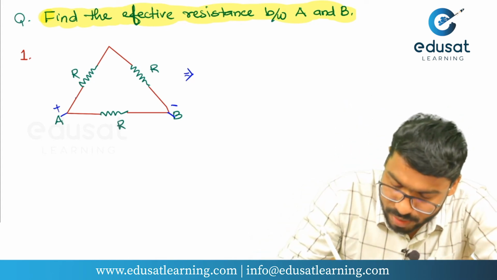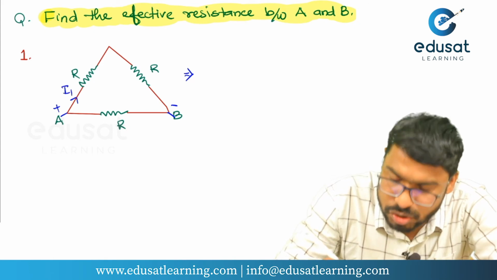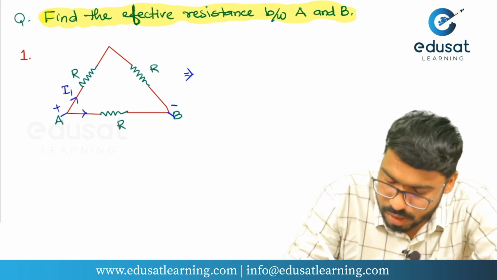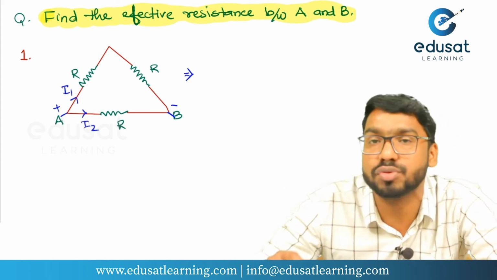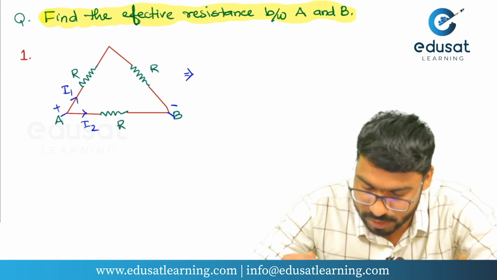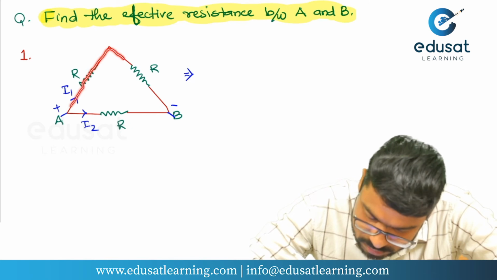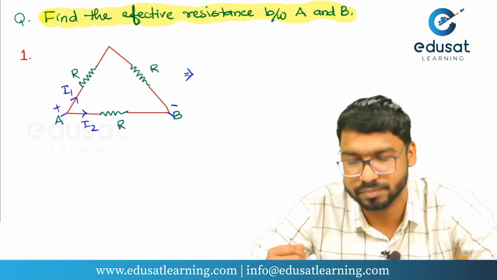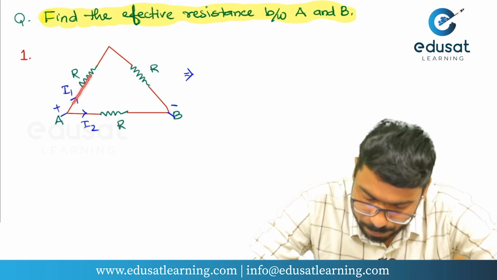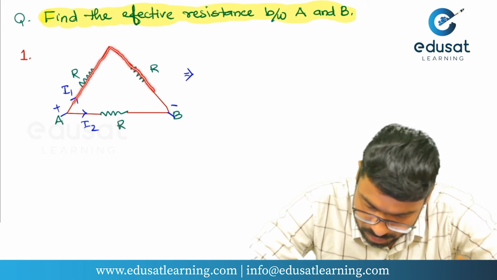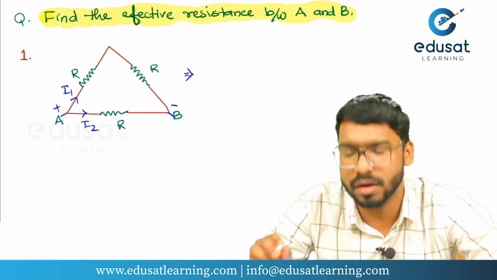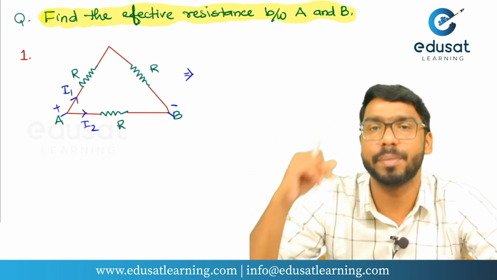Then a part of the current I1 enters the top network and I2 goes to the bottom network. The I1 current will pass through this resistance and then this resistance, the same current along the top path.